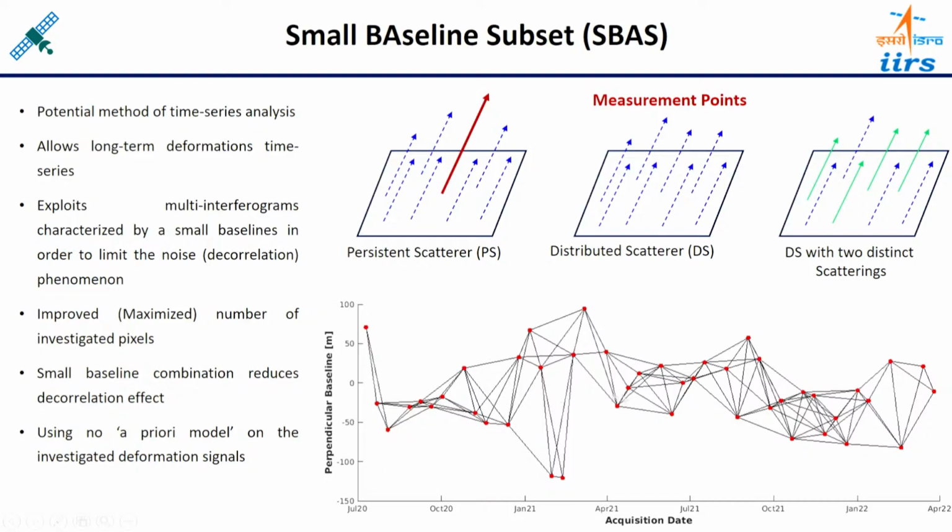So here you can see over each pair, let us say this pair, a small perpendicular baseline, a small temporal baseline. So it is not like a reference image was considered here and from here to here a pair was connected, and from here to here another pair, just like in the PSI technique. There you are getting the large baselines, but here all baselines are small in nature.